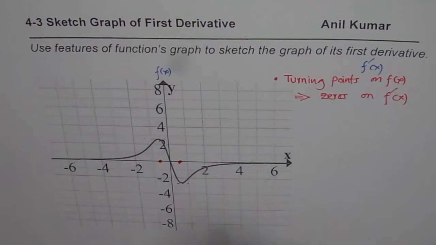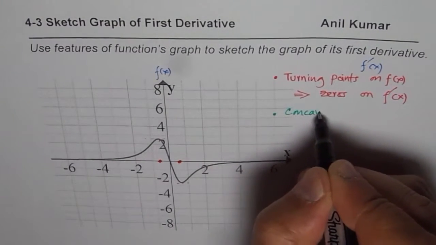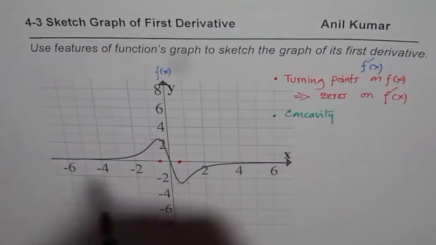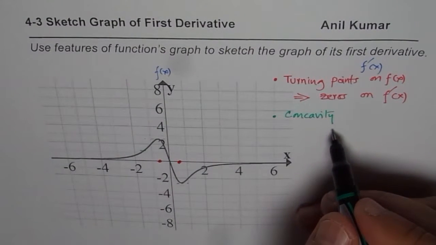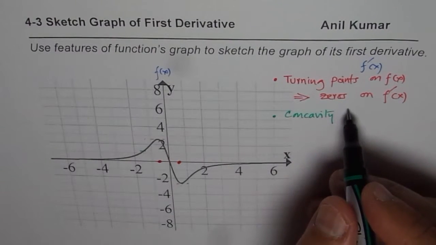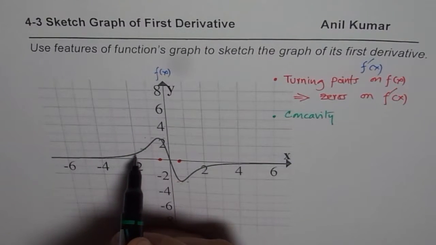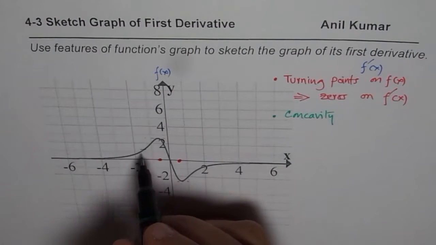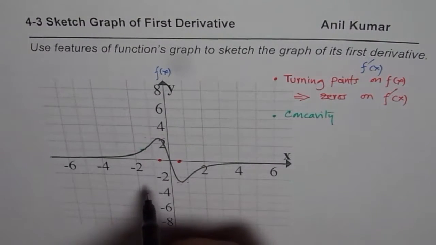Second is we should see the concavity. So if it is concave up, that means that the derivative is positive, right? Because the slope is rising and it's increasing, correct? So what we see here is this part of the function is concave up, right?